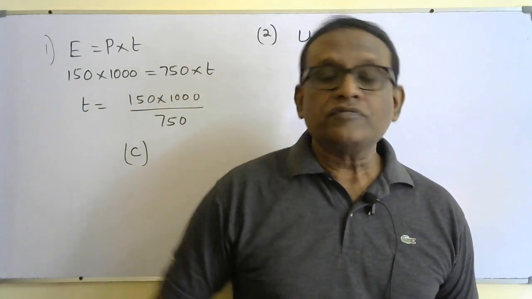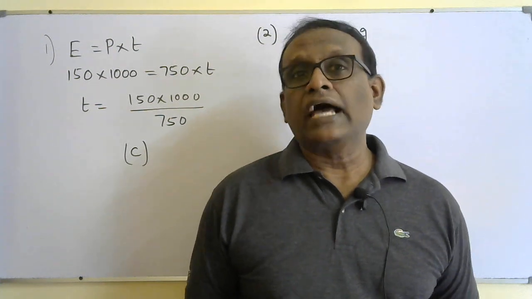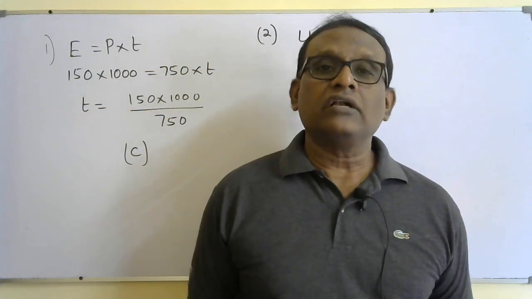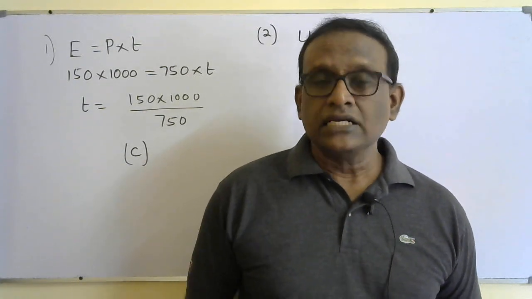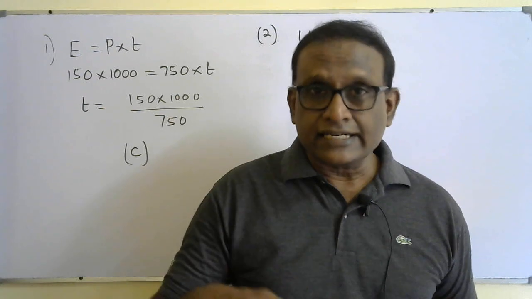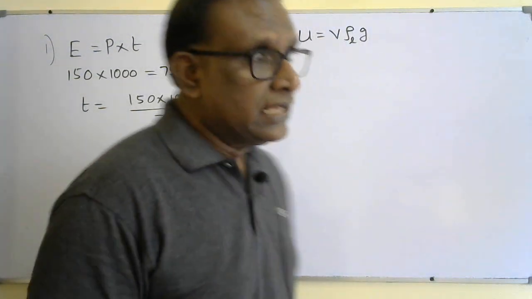But when it moves down, it is going to accelerate. The total downward force will be more than the upward force, which is drag and upthrust. So it will accelerate, and the speed or velocity will increase.